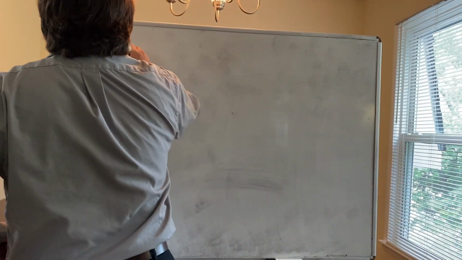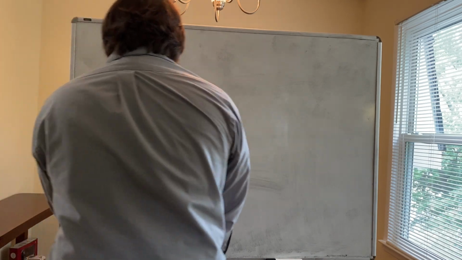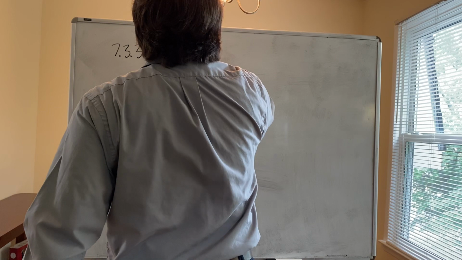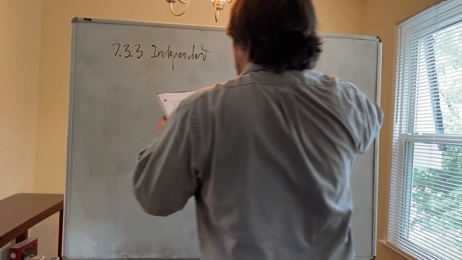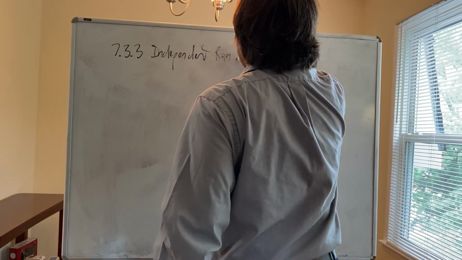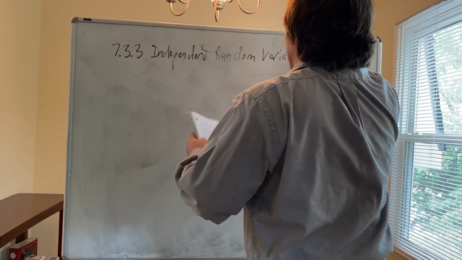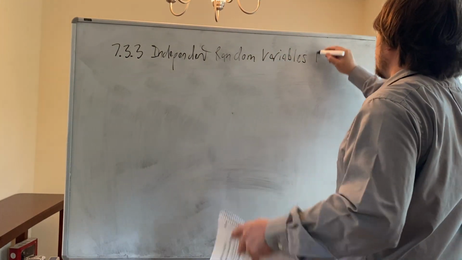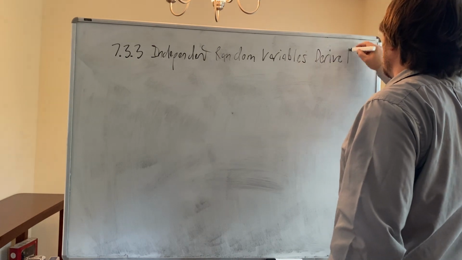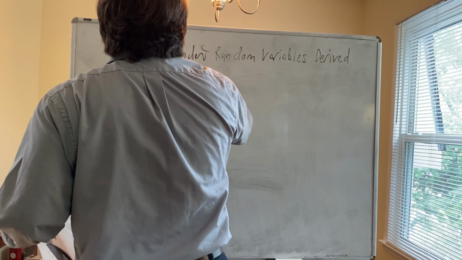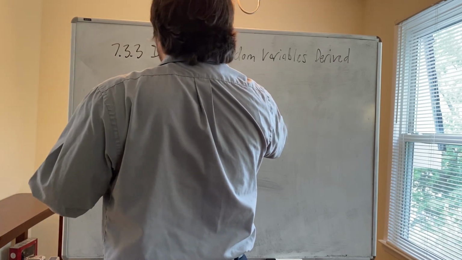Okay, so next is 7.3.3. Independent random variables derived from independent experiments.